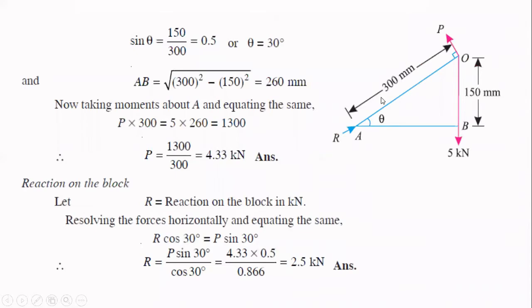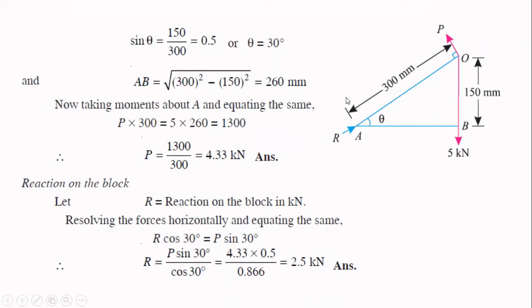That's why the A to O distance is 300 millimeter and the O to B distance is 150 millimeter. From these two dimensions we may find out this theta. Sine theta is opposite side upon hypotenuse, and the opposite side is 150 and the hypotenuse is 300. From this we get sine theta is 0.5, and from this we may calculate theta is equal to 30 degrees.